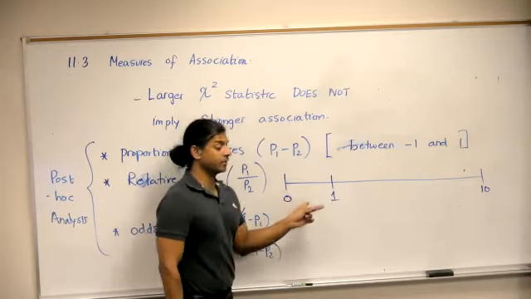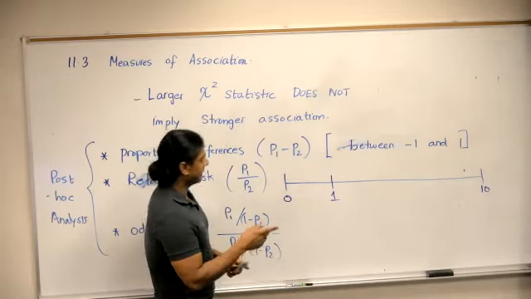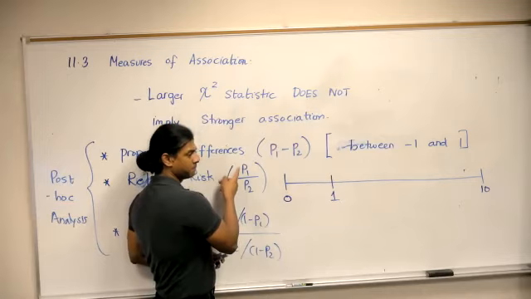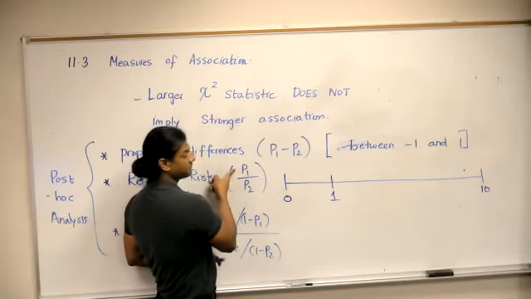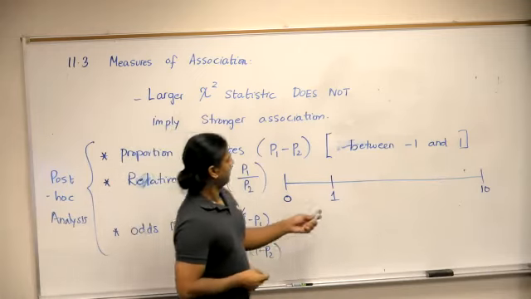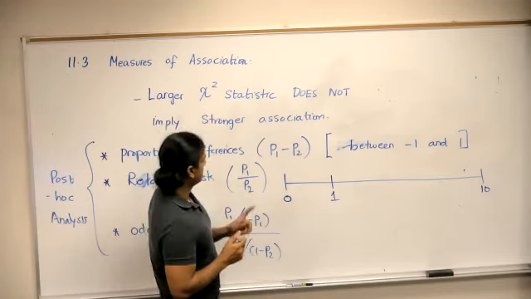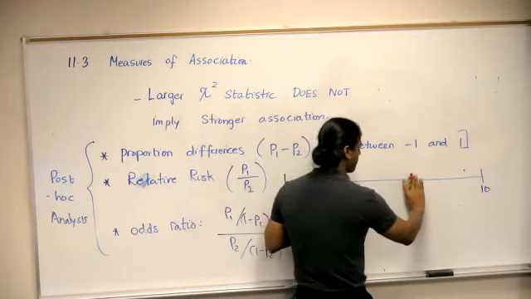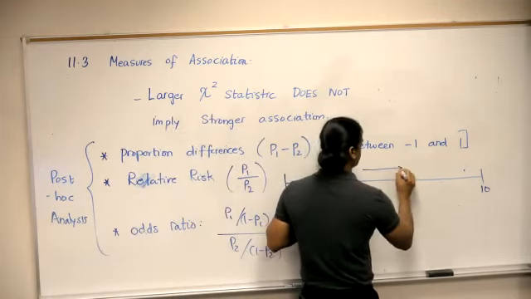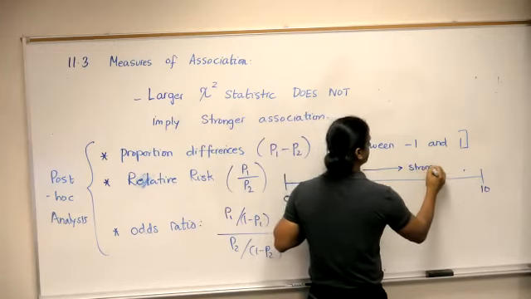Between 0 and 1 means that the denominator is bigger than the numerator, so P2 is bigger than P1. Over here, P1 is bigger than P2. So if you go far from 1, stronger association.